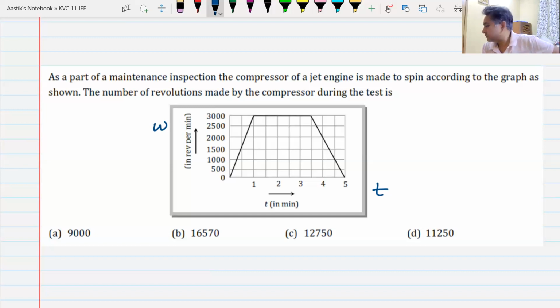Option D, sir. That is absolutely correct.